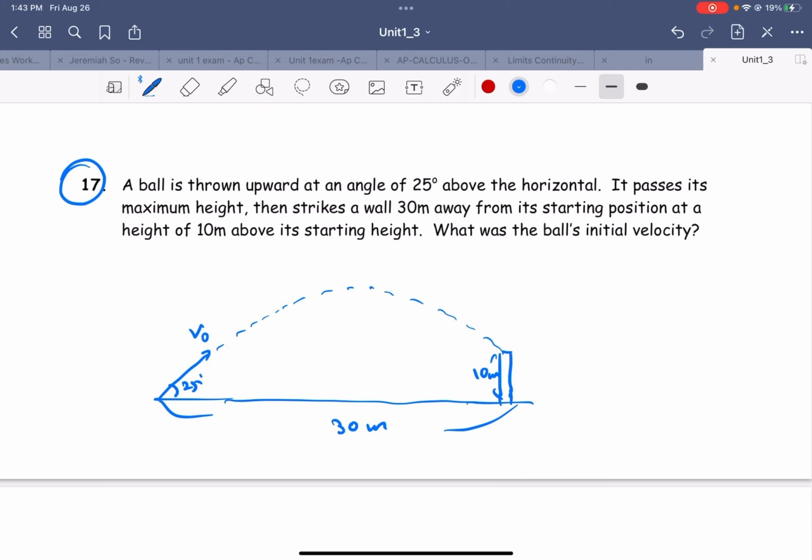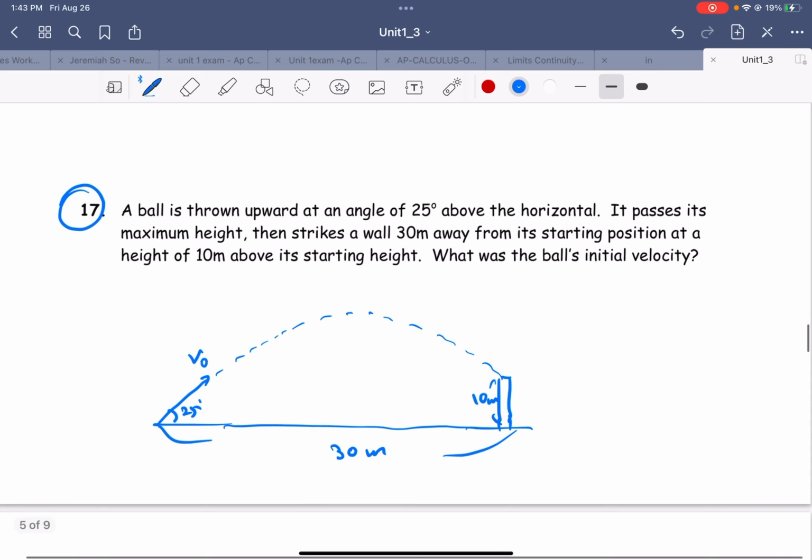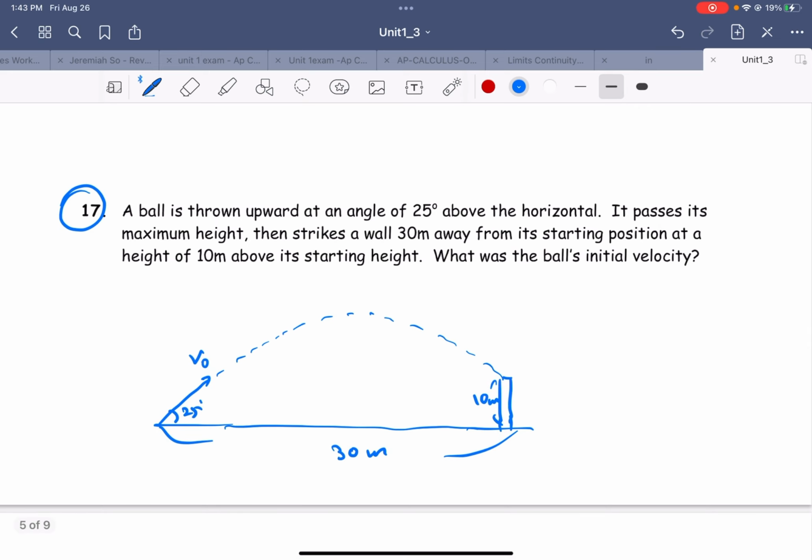So you can set up basically two equations here using kinematic equations. Let's separate it. This one you can say is v initial sine 25, and that portion is v initial cosine 25. Like that, you can separate it.